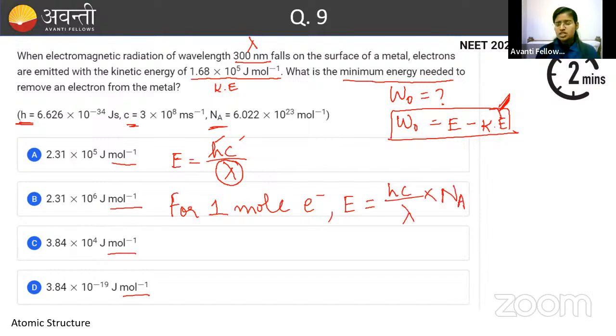For 1 mole of any species, you just need to multiply it with the Avogadro number. That's it, and it is also given to us in the question.